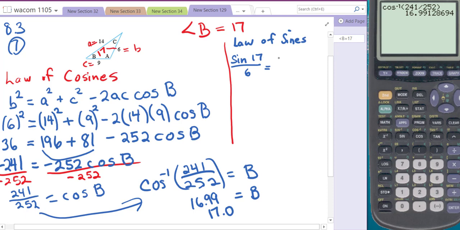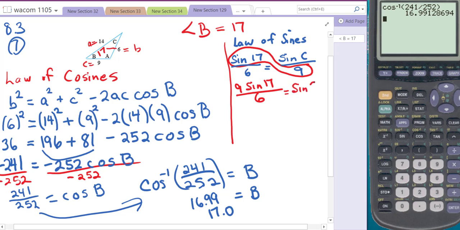So angle C. All right, and so I'm going to multiply this way. So I have 9 times the sine of 17 divided by 6 equals sine of C.